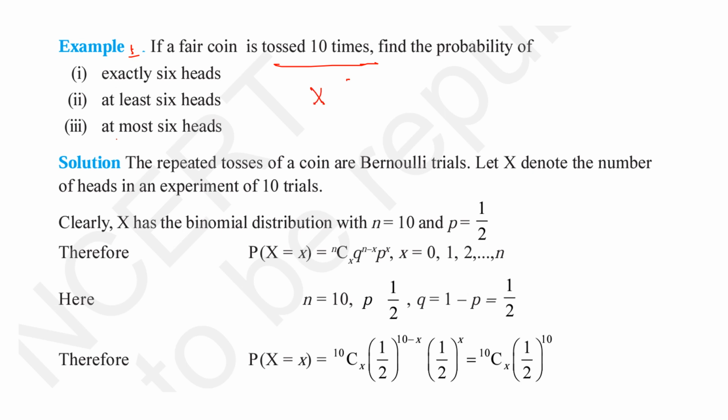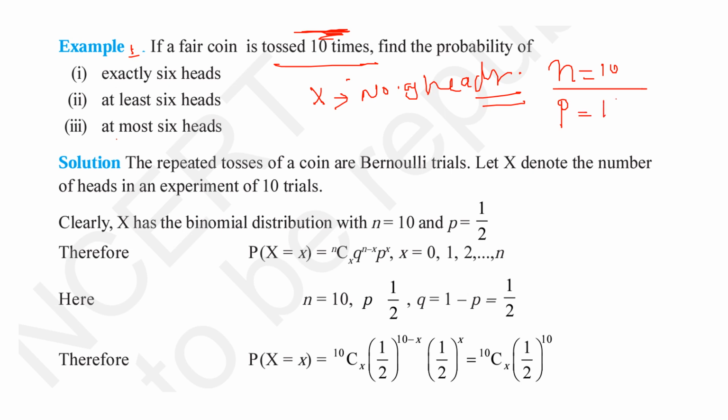Let X denote the number of heads in an experiment of 10 trials. So X has a binomial distribution with n equal to 10, and probability of head is 1 by 2, and probability of tail or not head is also 1 by 2.